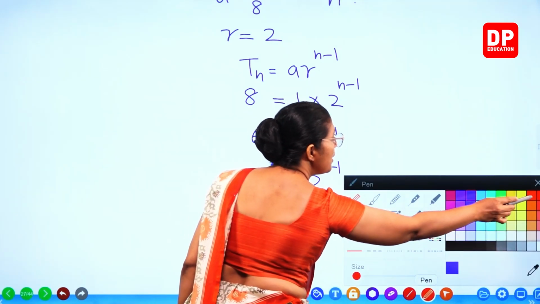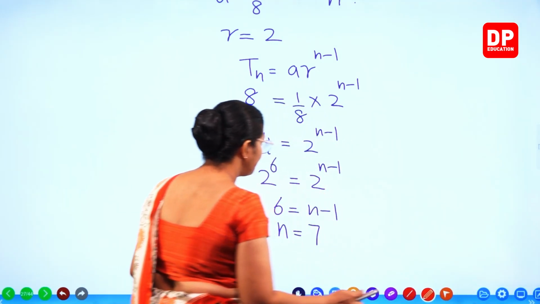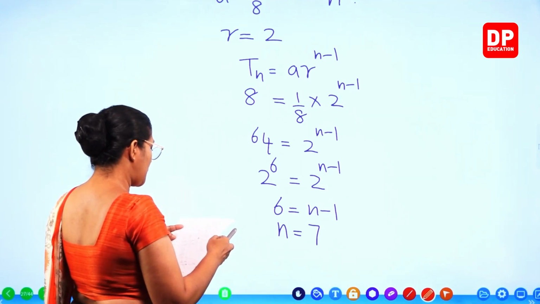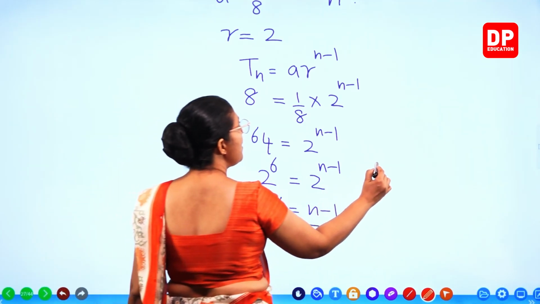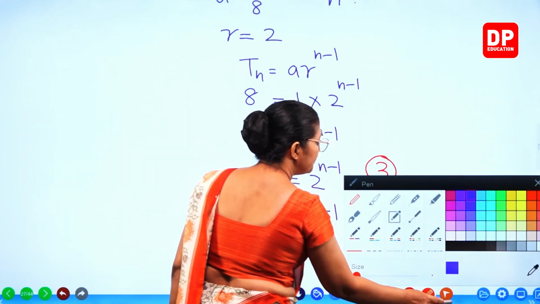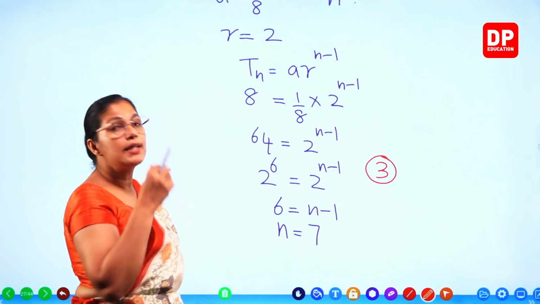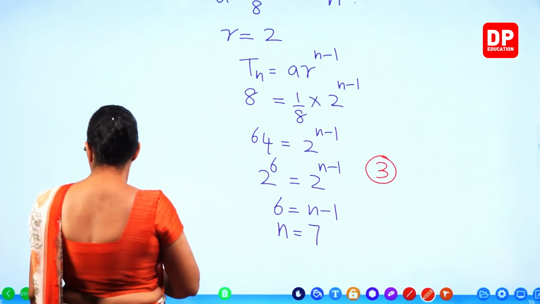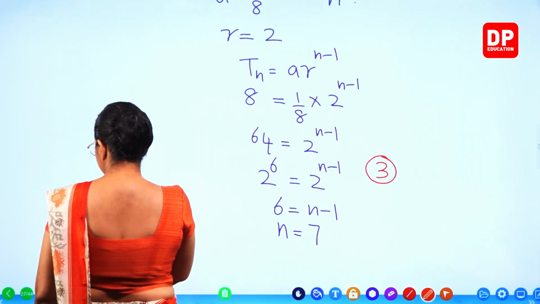So let's see how many marks for this part. You are getting 3 marks for this part. It's question number 7. Let's do question number 8.